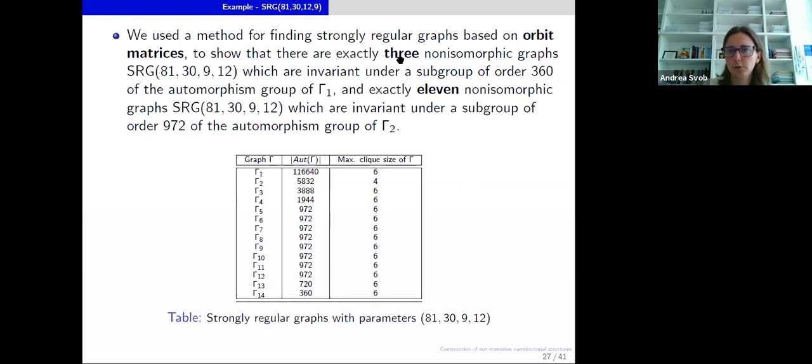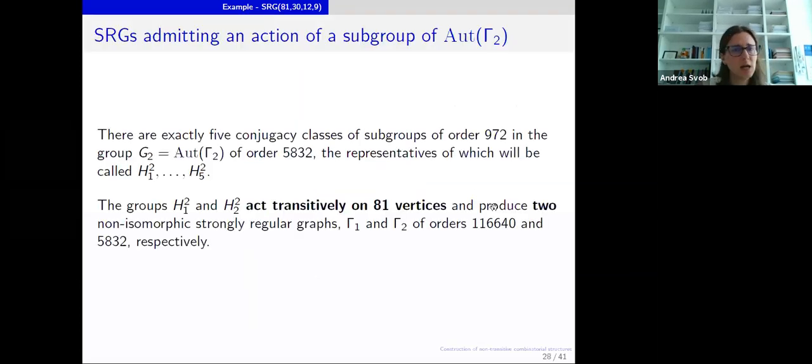Those 3 are gamma 14, gamma 13, and gamma 1, while the other ones that are invariant under 972 are the rest.